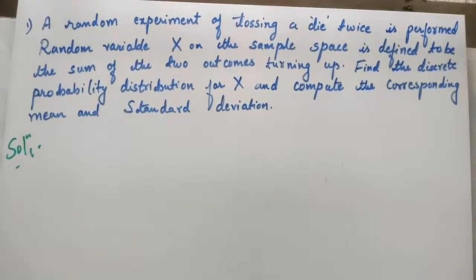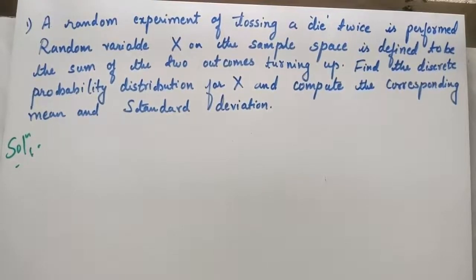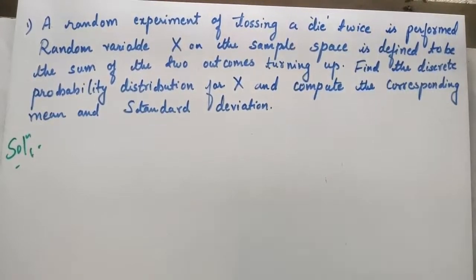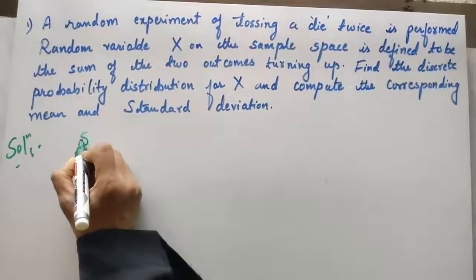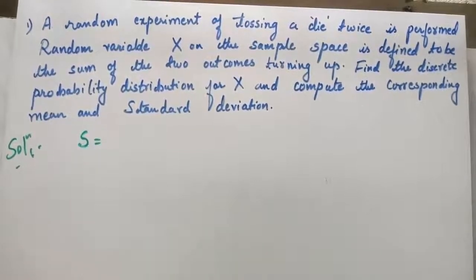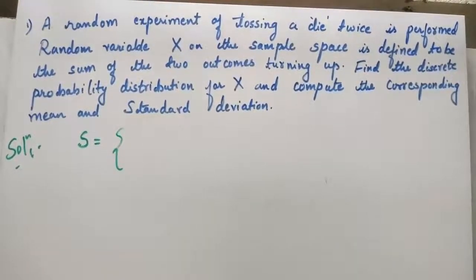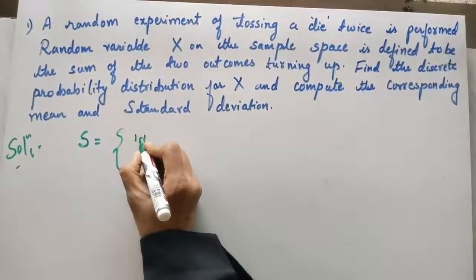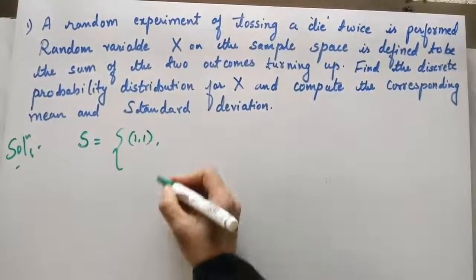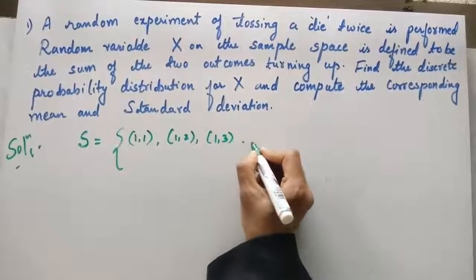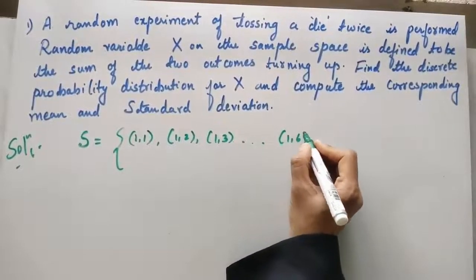So when a die is thrown, you have 6 possibilities. When a die is thrown twice, you will have 36 possibilities. So what is the sample space S associated with this random experiment of throwing a die twice? The possibilities can be (1,1), (1,2), (1,3), and so on up to (1,6).